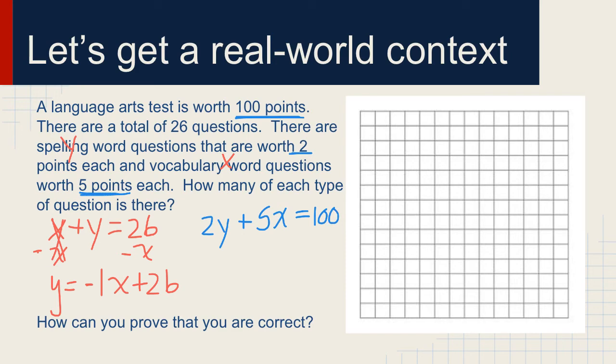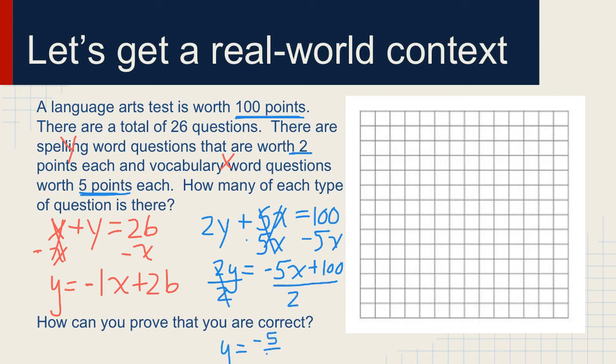So to isolate my y, I'm going to subtract 5 x's from both sides. I'm left with 2 y's on one side, negative 5 x's and 100 on the other. Divide by 2. And y is going to be negative 5 halves x plus 50.